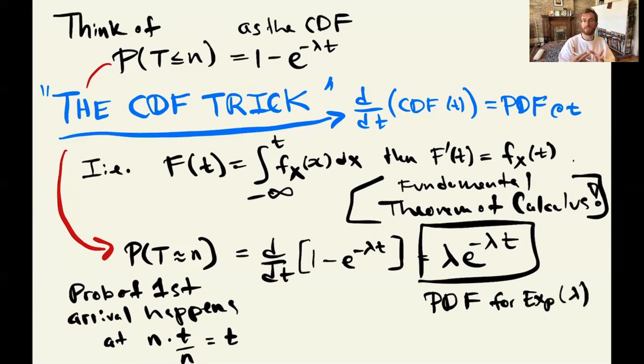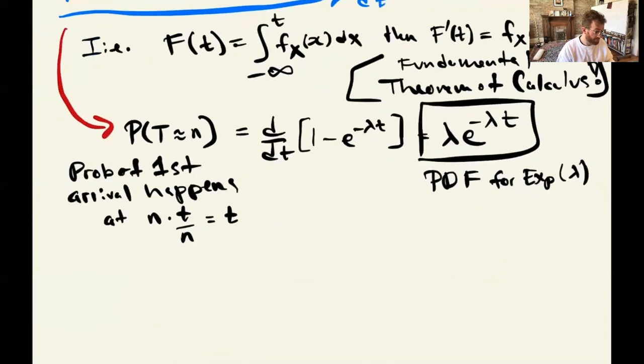And notice I was able to get at this continuous PDF by making a discrete approximation and then applying the Poisson estimation for a binomial random variable. So this is the exponential. And that basically explains in a long-winded way where this exponential random variable comes from.